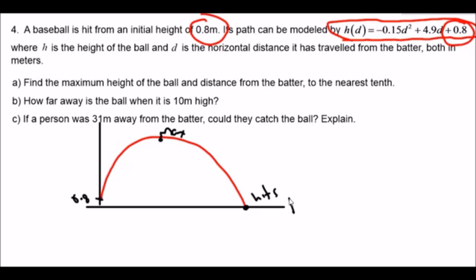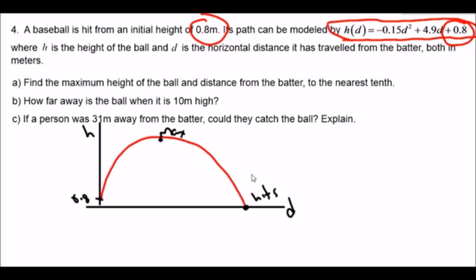So distance over here and height over here. A lot of times you would study this as time versus height, but this is horizontal distance versus height. So there's a lot more visuality to this one. Okay, so that's what's happening.